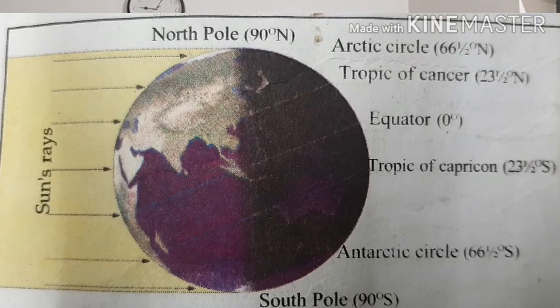Now look at the picture. In this picture, you can see the important latitudinal lines and the regions. The equatorial region receives more energy as the sun rays are almost vertical.